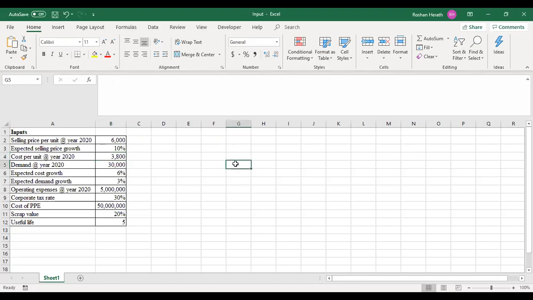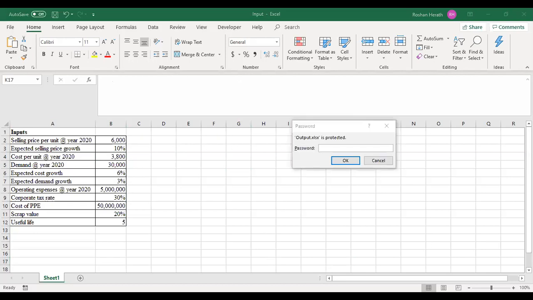You have given a name, input, and saved it in a different location. That is the workbook used by the data entry operators. Then we can open the output book, which the manager is using. Now let me open the output and see how it gets updated.